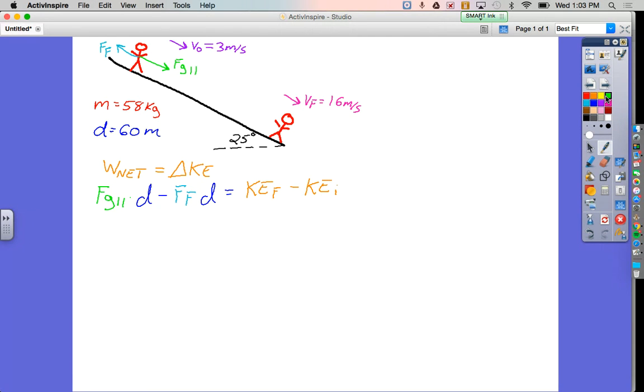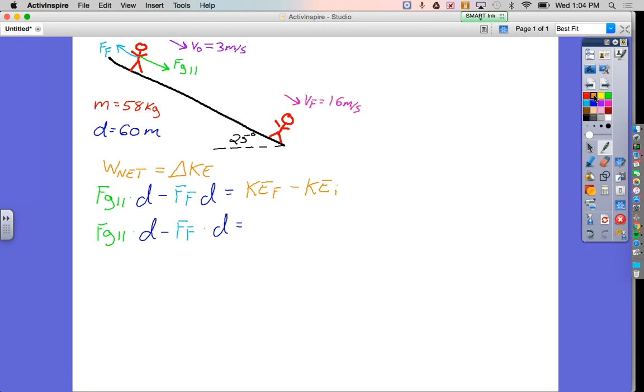So when I expand that equation a little bit more, my left side remains unchanged. I've still got gravity parallel times the distance minus force of friction times the distance. And that's going to be equal to the change in kinetic energy.